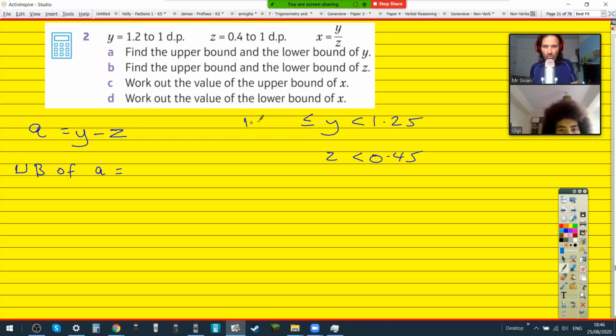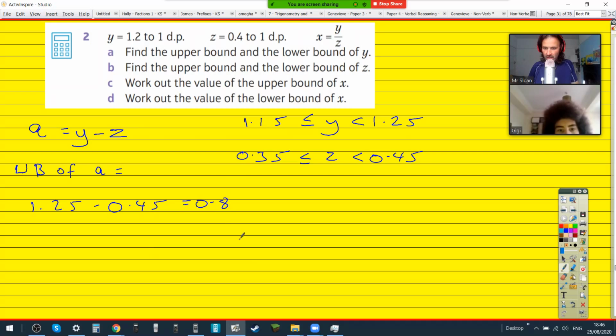So we would do y minus z, so it would be 1.25 minus 0.45. So what do you get for that? 0.8.